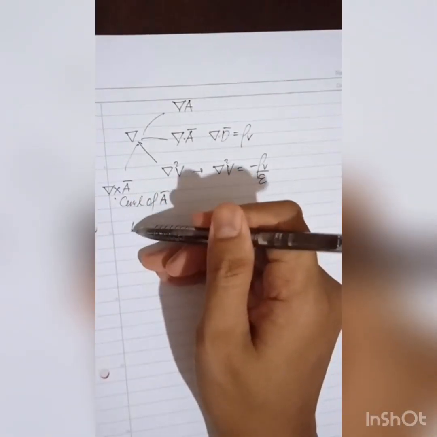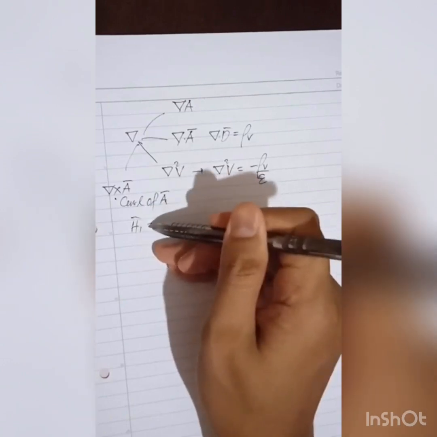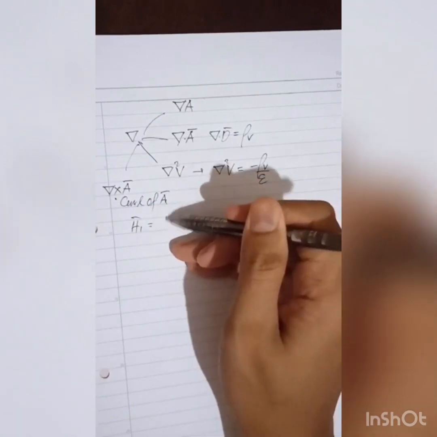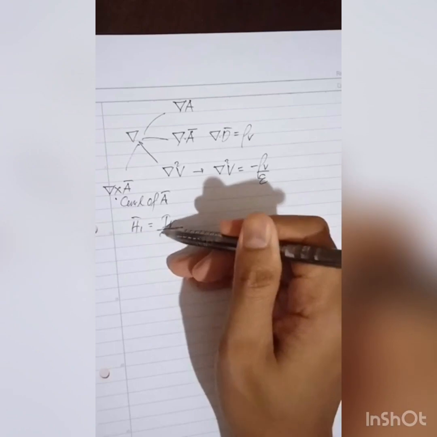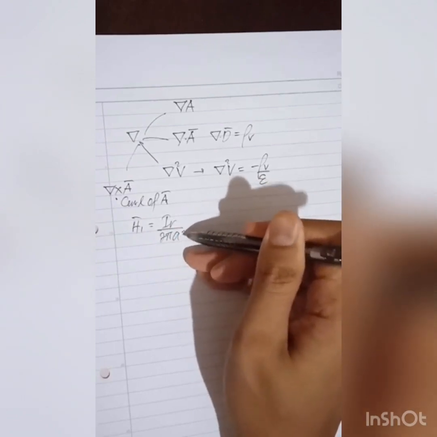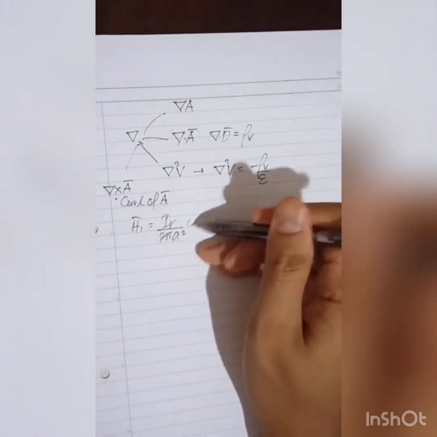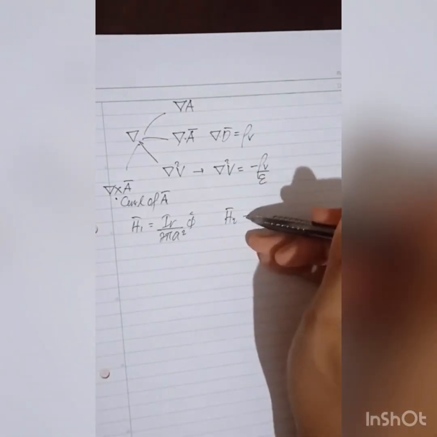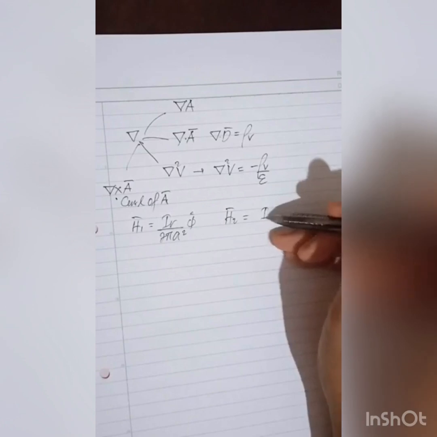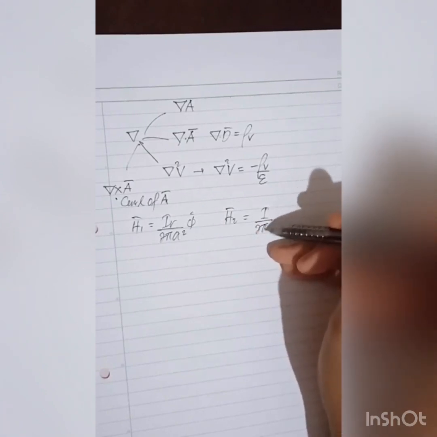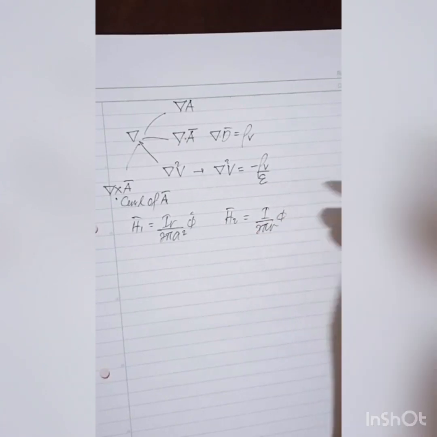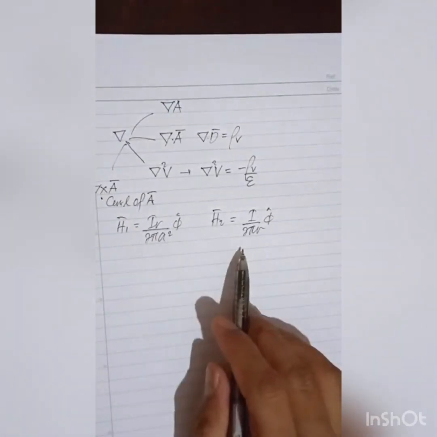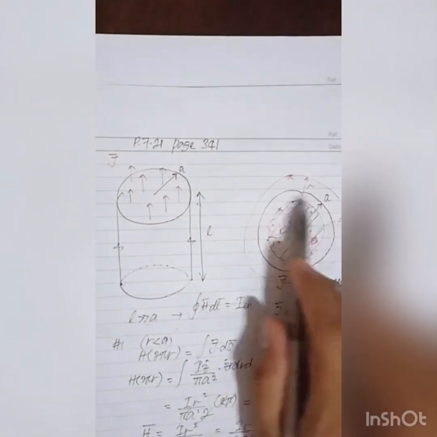The first one, H1, is given as I r over 2 pi a squared in phi direction, and then for H2 we have previously given I over 2 pi r in phi direction. So these are the two H that we obtained earlier for the case of solid conductor.